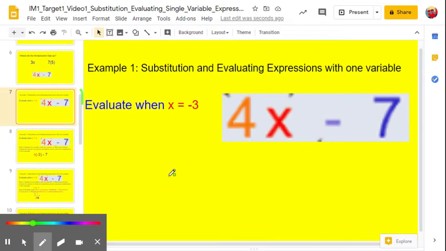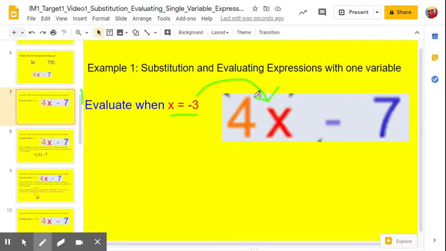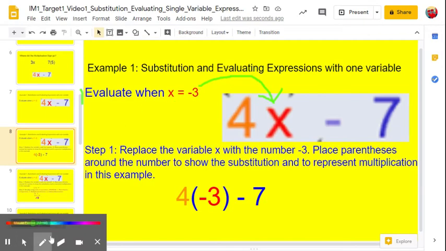All right, here's our first example. So we're going to evaluate the expression 4x minus 7 when x equals negative 3. So what do you think the first step is going to be? That's right. We are going to substitute x equals negative 3, and we're going to replace x with negative 3.